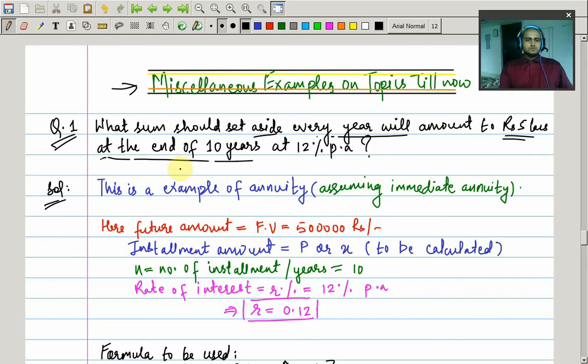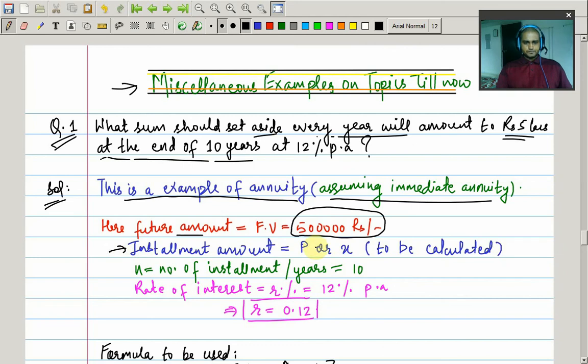So this is an example of annuity, assuming immediate annuity, ordinary one. Here, future amount, we want 5 lakhs after 10 years. So this is the future amount. Installment. So question is asking about how much money we should keep aside.